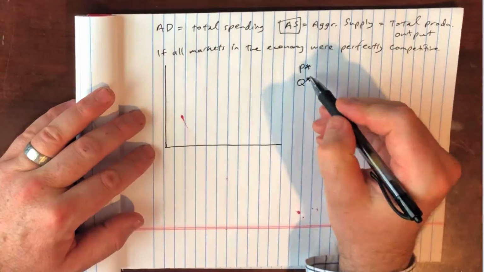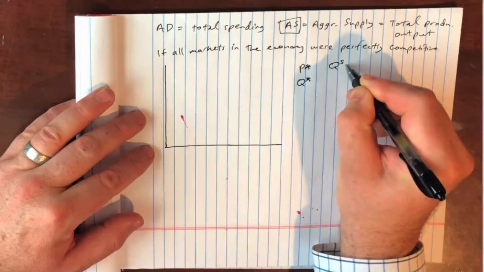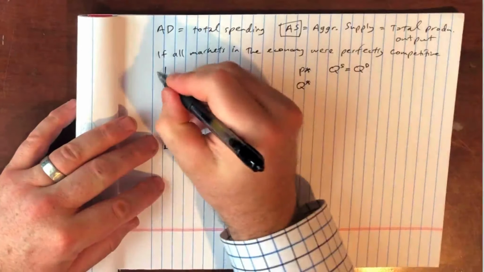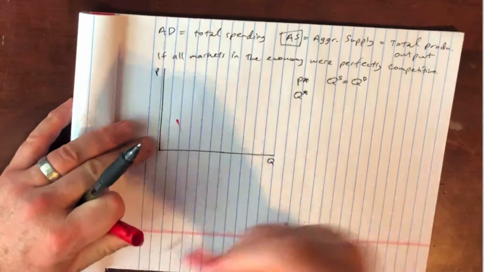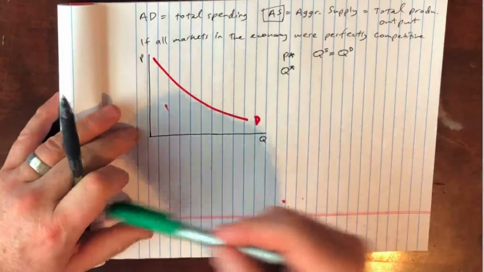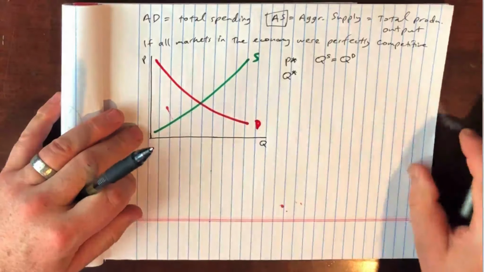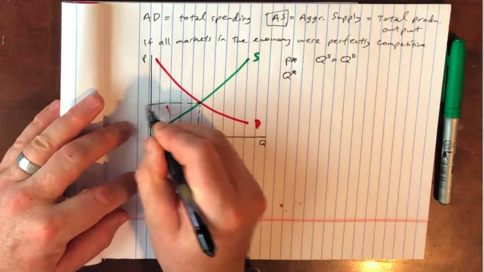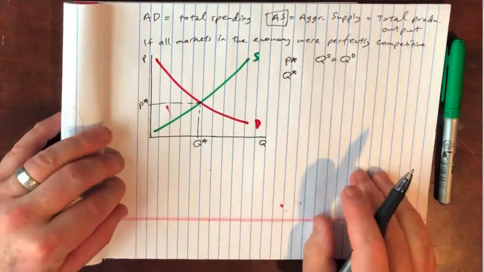Remember what P star is. It is that price at which the quantity supplied equals the quantity demanded. So again, we have price here, quantity down here. Here's the demand curve, here's the supply curve. Where they meet, that price, P star and Q star.